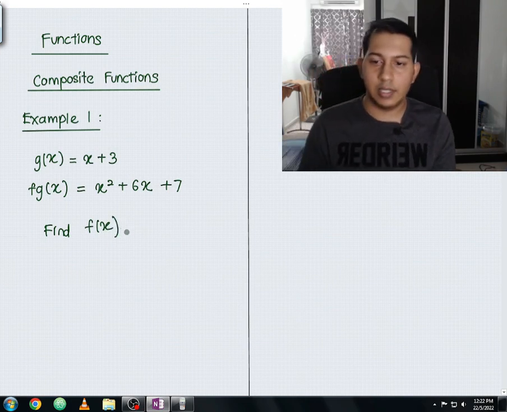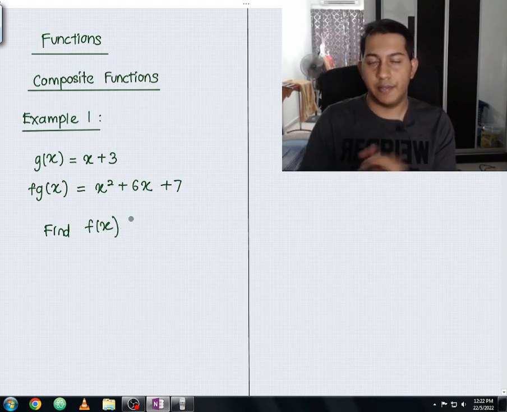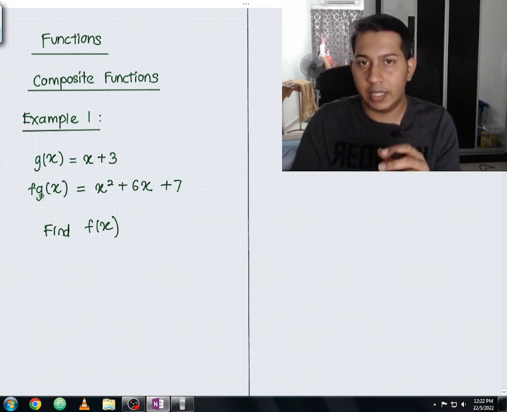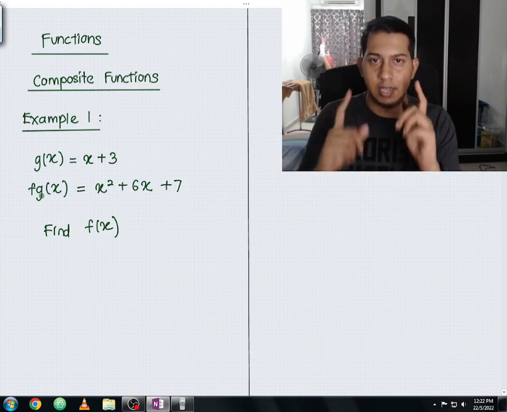So in this case, how do we find the function f(x)? This is the first case, where they already give you the inside function and you are required to find the outside function. This is case number 1.